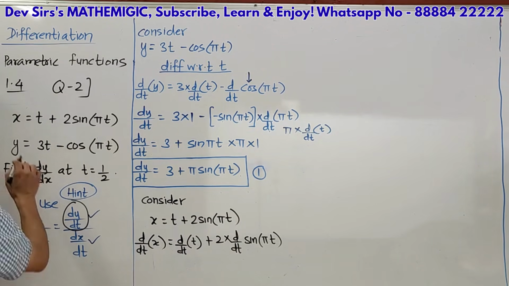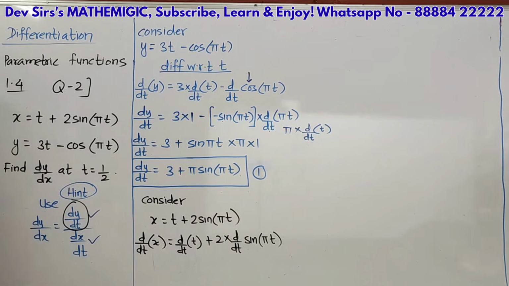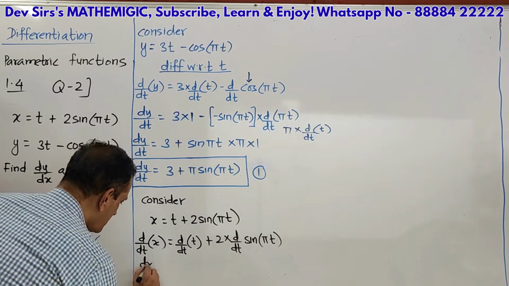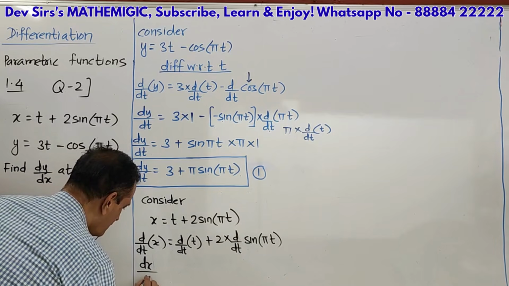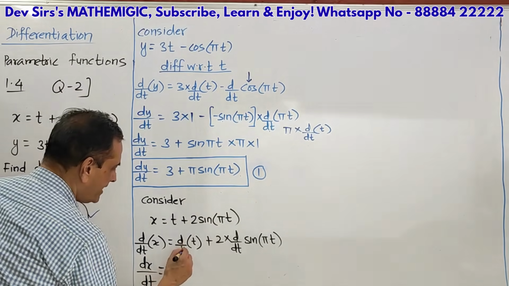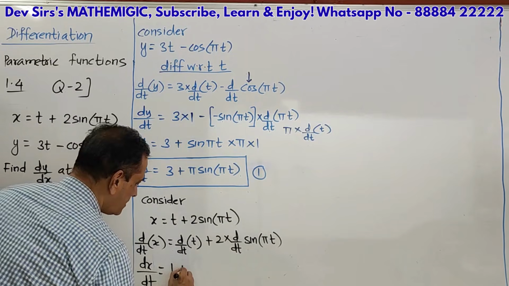I have considered this equation. Okay. So let's see. d by dt of x is dx by dt. d by dt of t is 1.